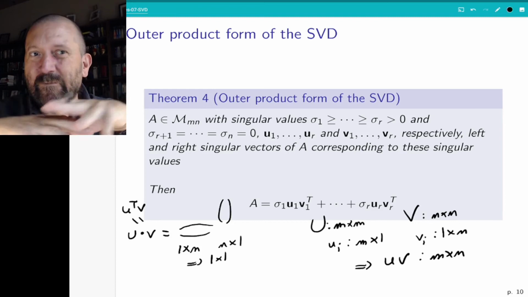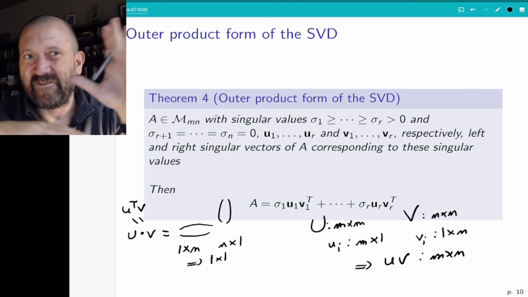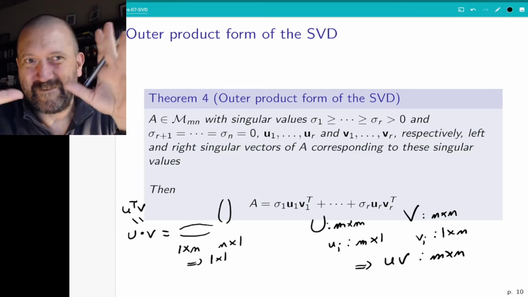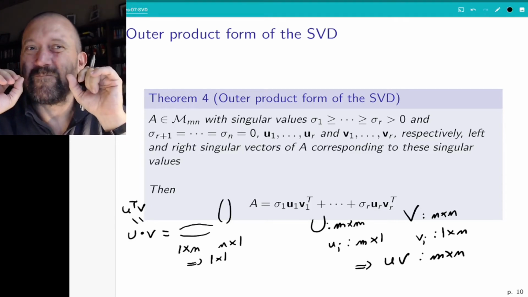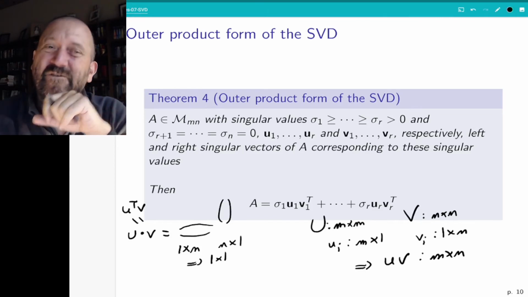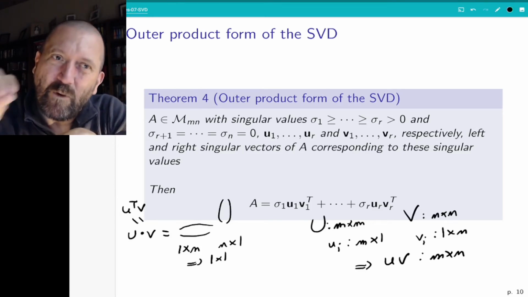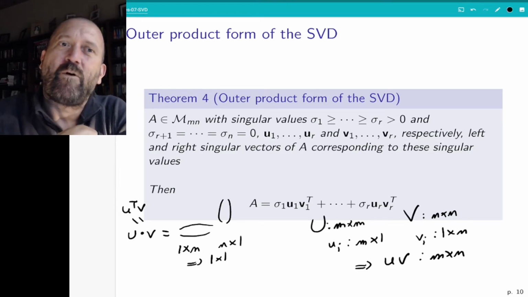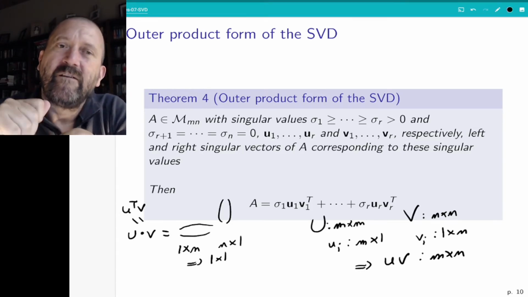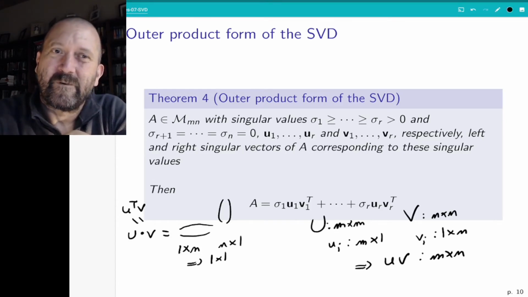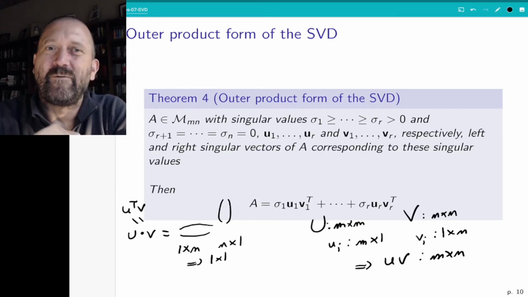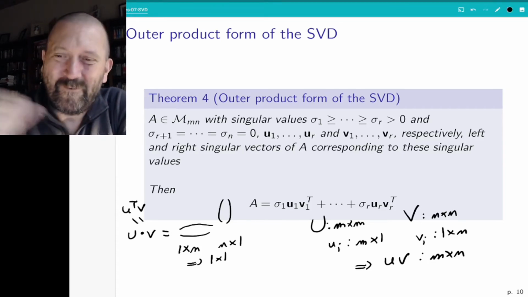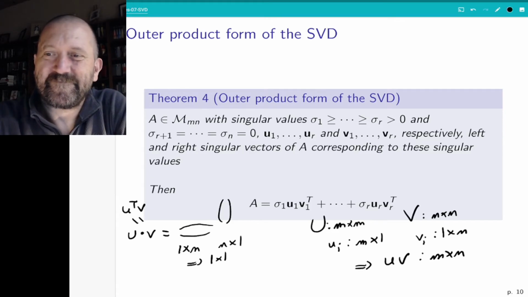I don't need to know the entire matrices U, sigma, and V. It's good that I know them, but I can recompose the matrix A by just knowing the components of the decomposition that correspond to the non-zero singular values. Okay, and as I said, I'll show you an example about using this, and I think it's quite a cool example, and you'll see this.